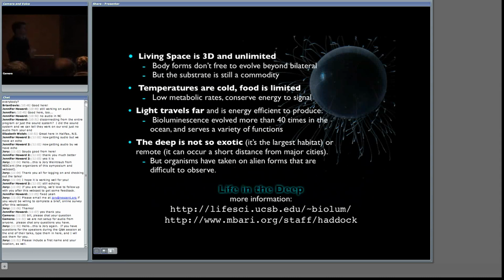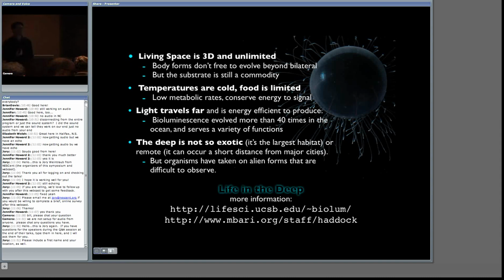You don't really have any pressure to go necessarily bilaterally symmetrical. You can be non-symmetrical or radially symmetrical. You have low food and a low metabolic rate, so you can have kind of a long-term view of feeding. So you could feed, you know, once a year in some cases and be just fine.